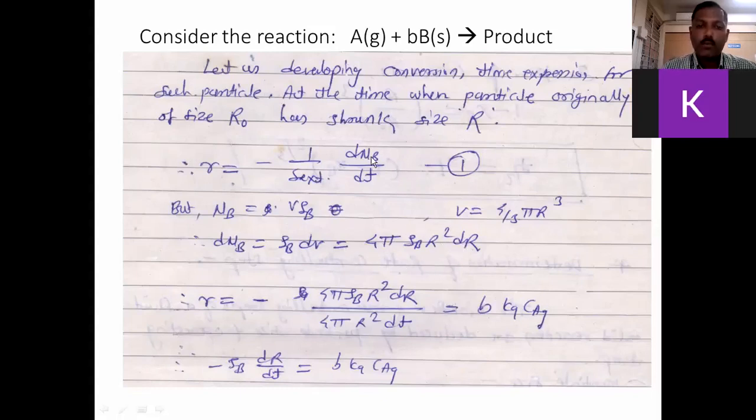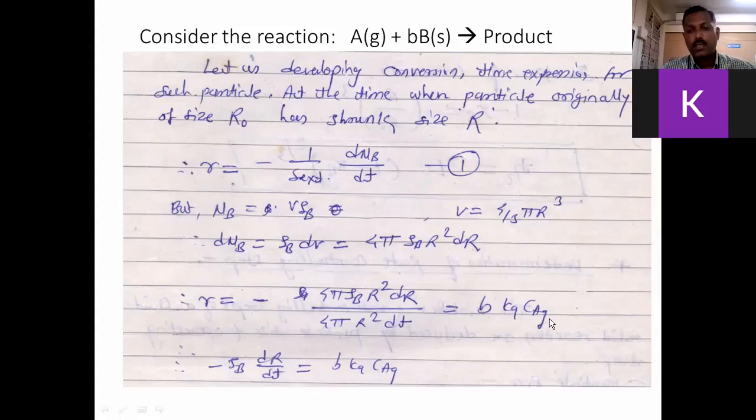Putting this dNB in equation 1, the rate is minus 4 pi rho B r squared dr upon 4 pi r squared dt, which equals the rate of reaction kg into CAg, that is, minus rA. In terms of A, minus rA equals minus rB upon b, so rB equals b into rA, that is b into kg into CAg.